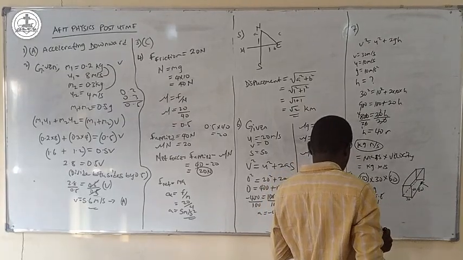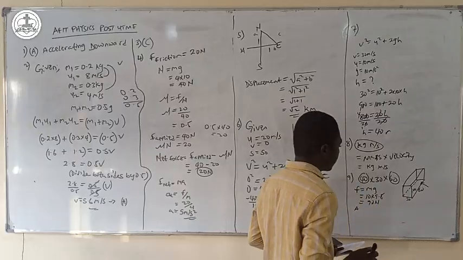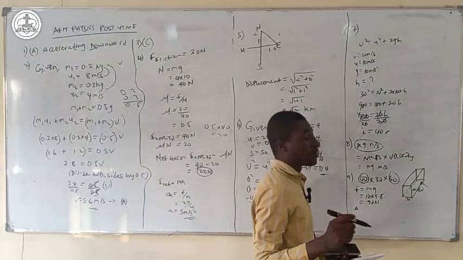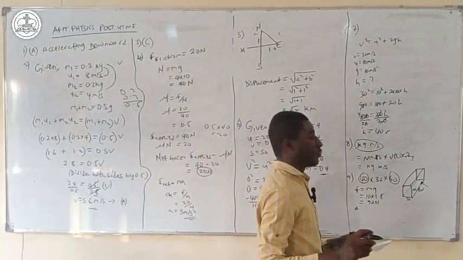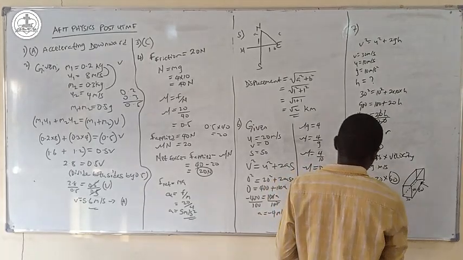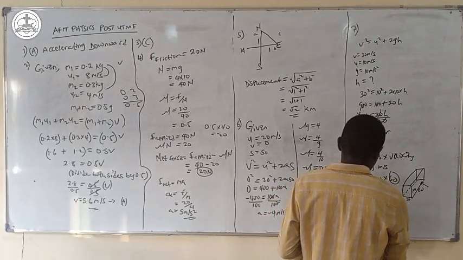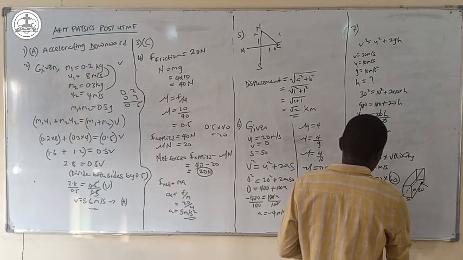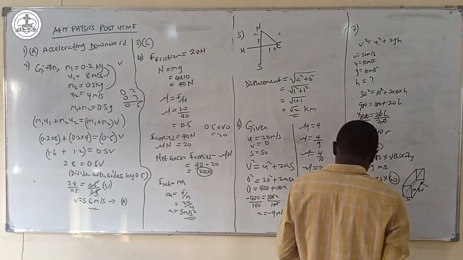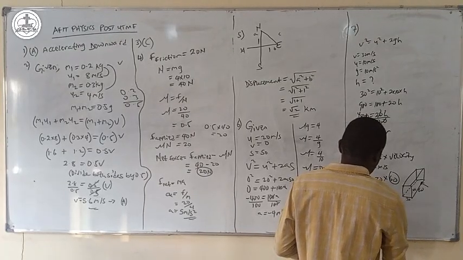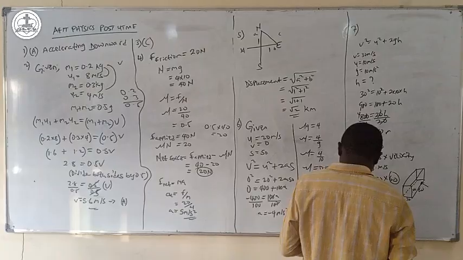So area, but we are going to convert it to meters. Remember, since it's in centimeters, we work in the standard unit. So 40 divided by 100 will give you 0.4 times 0.6, which is equal to 0.24 meters squared.